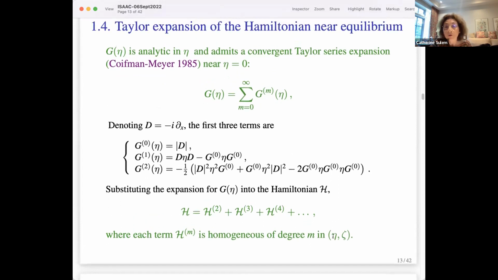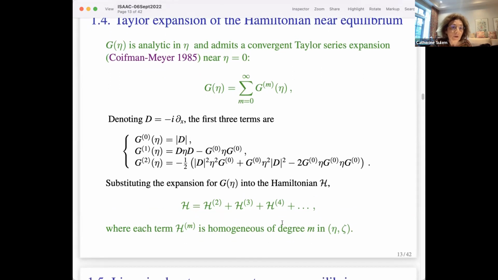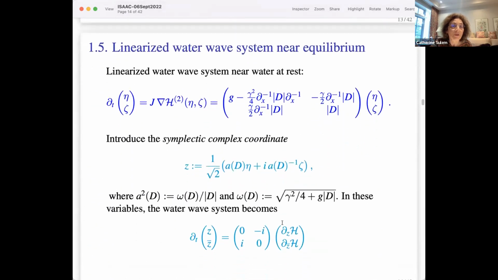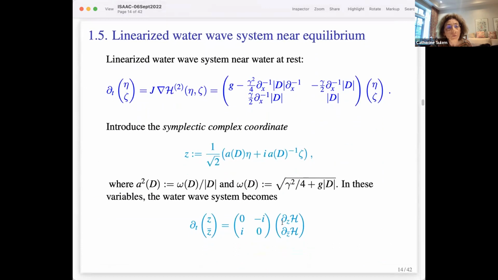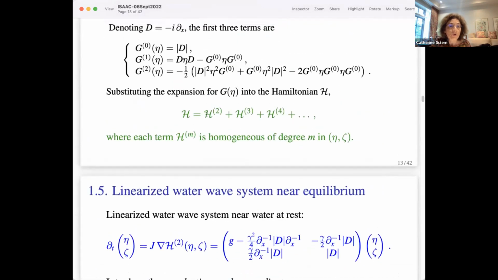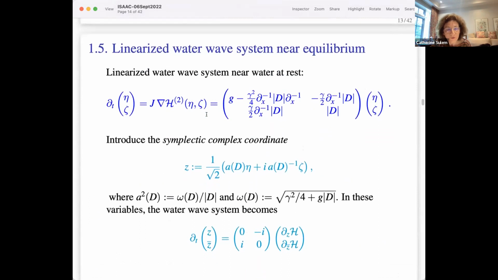Now, as we are looking for weakly nonlinear waves, we will naturally need to consider the linearized water waves near equilibrium, and it is given by keeping in the Hamiltonian only the first term. The formula is a little complicated, but everything is explicit.